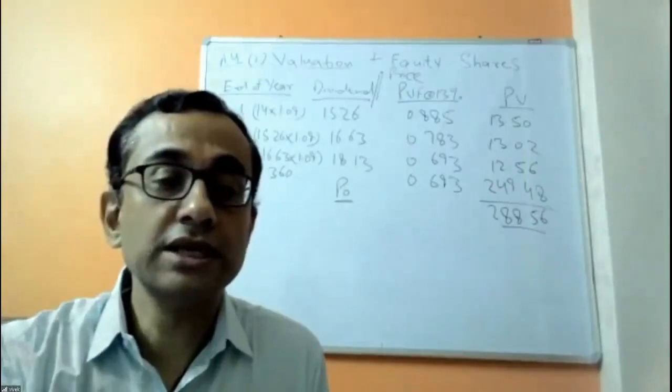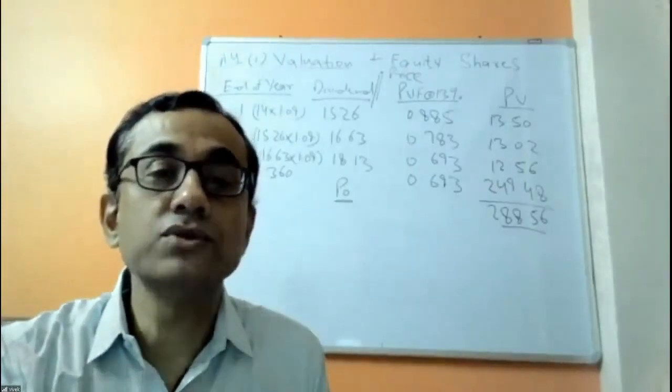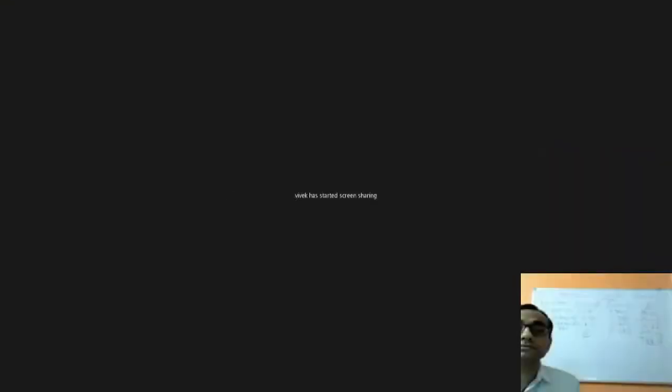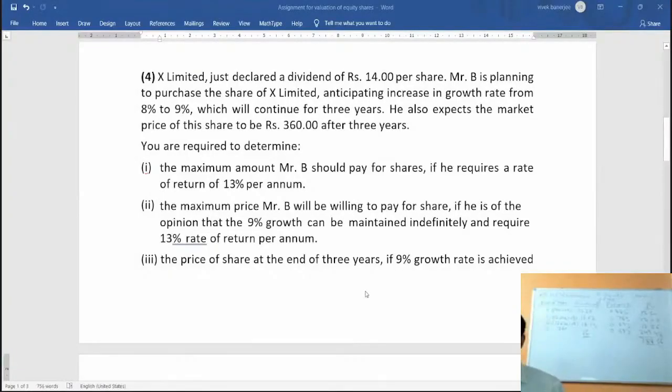Now let us take the second aspect of the question. Now read this, the second part, which is asking for the maximum price Mr. B will be willing to pay if he is of the opinion that 9% growth rate can be maintained indefinitely and the required rate of return is 13%.